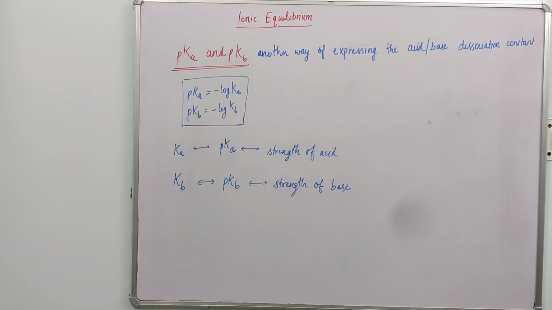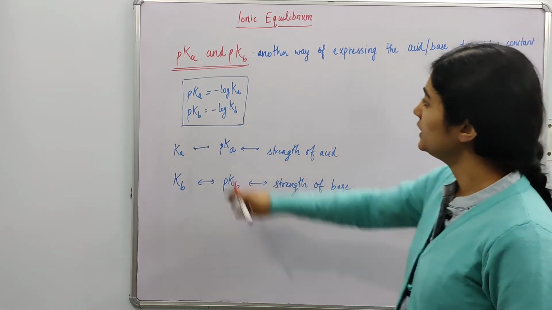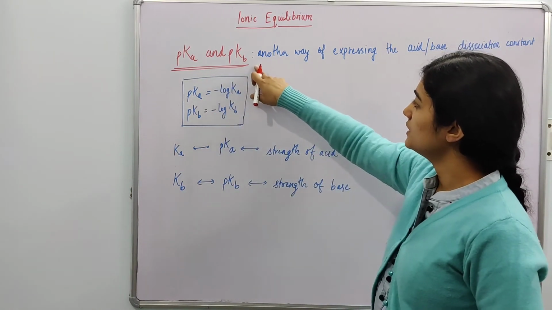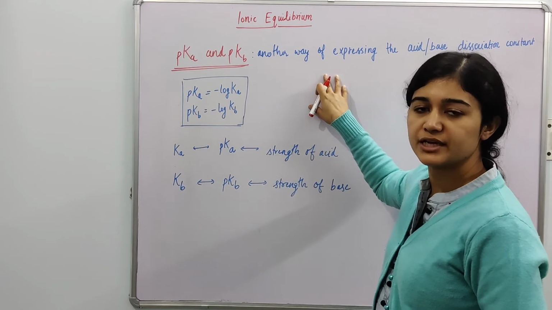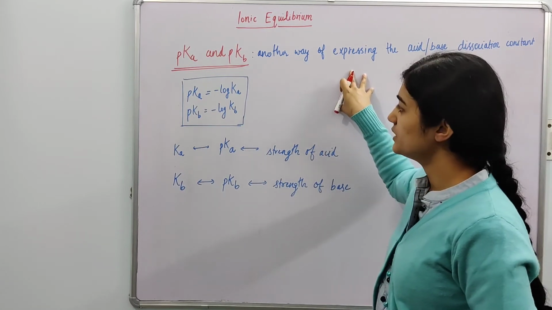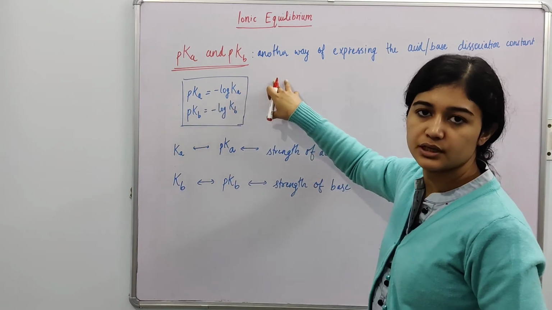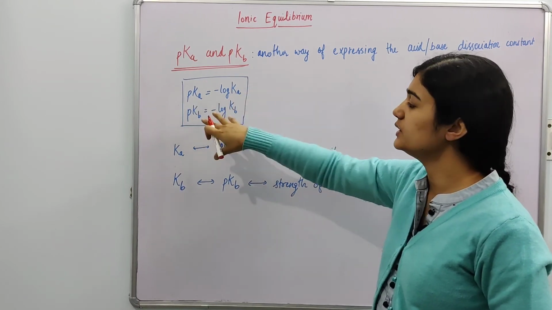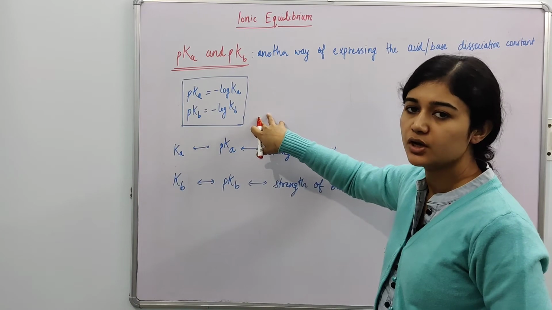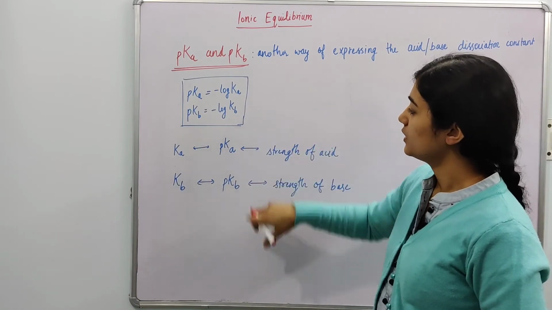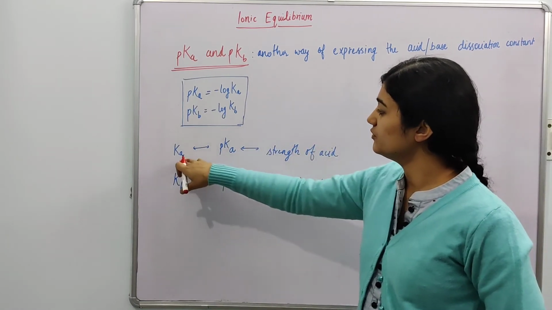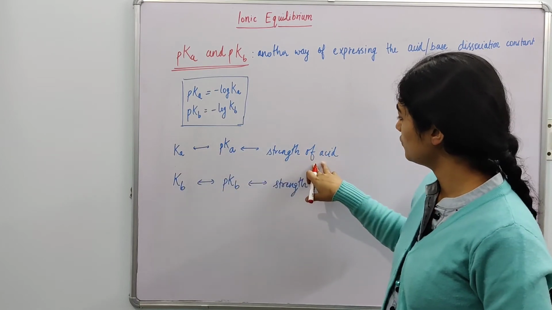The next thing is pKa and pKb. It is nothing but another way of expressing the acid-base dissociation constant. So pKa is the negative logarithm of Ka and pKb is the negative logarithm of Kb. So now let's see the relation between Ka, pKa and strength of acid.